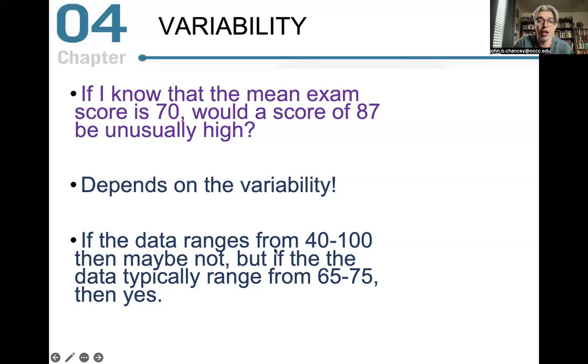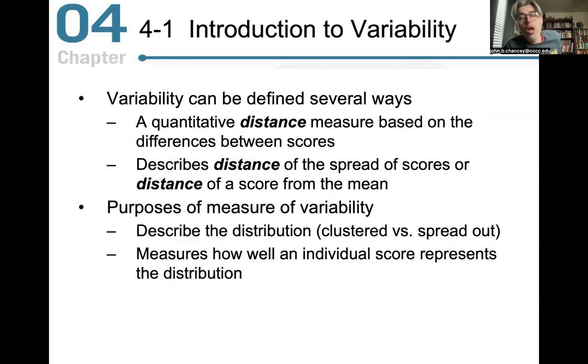If our data ranges from 40 to 100, then maybe not. Maybe that isn't so much of an unusually high score. But if we're seeing more of the spread around the 65 to 75 area, then probably so. Understanding variability gives more context to this score in this particular setting. So we can define variability in several ways.